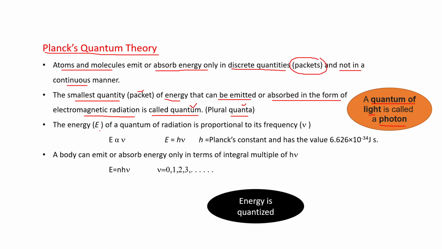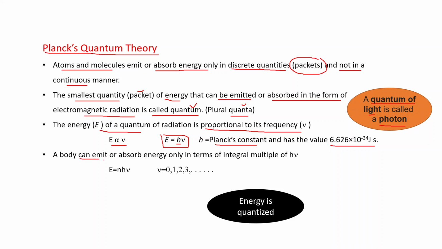The energy of a quantum, or the energy of a photon of radiation, is proportional to its frequency, that is, E is directly proportional to nu. If we remove the proportionality sign, another constant comes, that is h. This h is known as Planck's constant, and it has the value 6.626 × 10^-34 joule second, and this equation is known as Planck's equation.